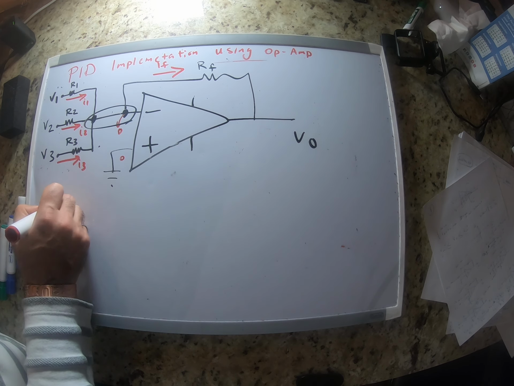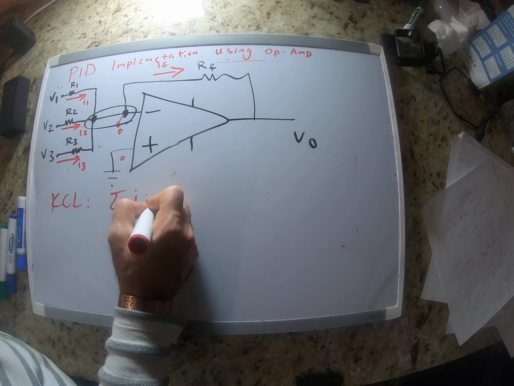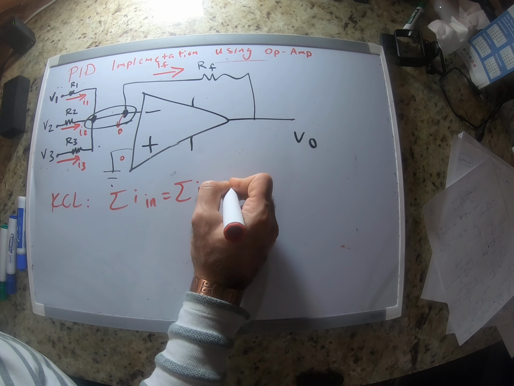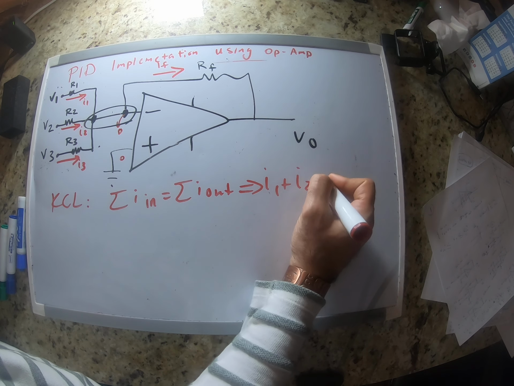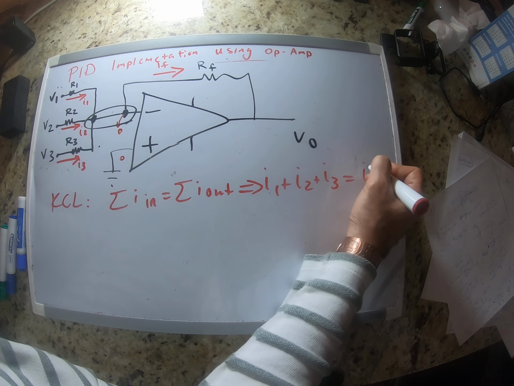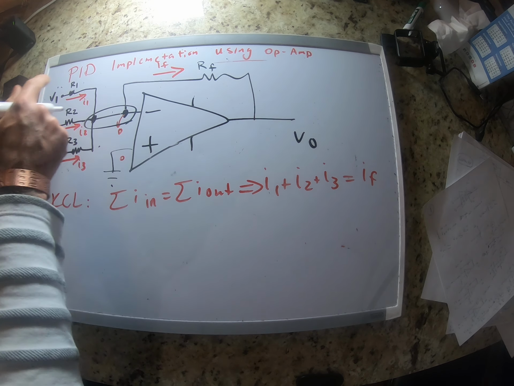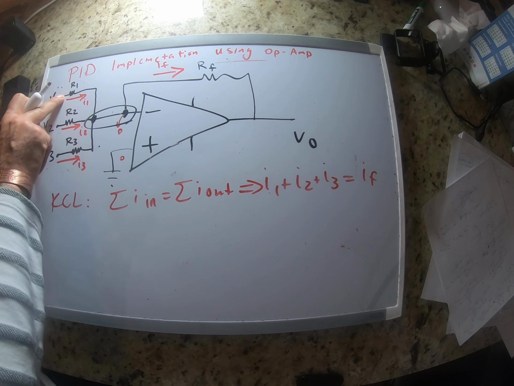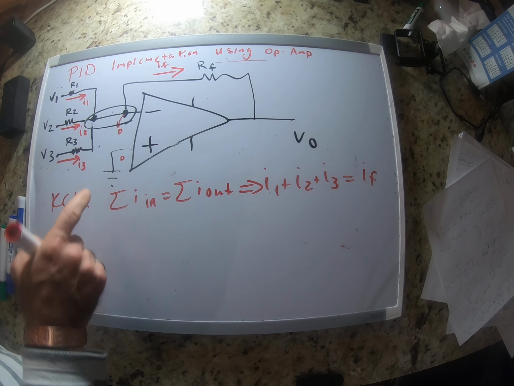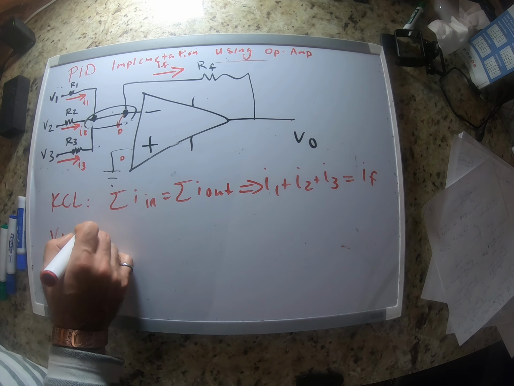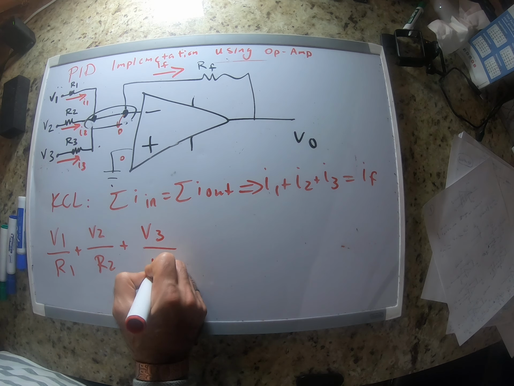So KCL tells us that sigma I in is equal to sigma I out, or in this case, I1 plus I2 plus I3 is equal to IF. So now let's write Ohm's law for each of these resistors here. So for this one, I1 is V1 minus 0 divided by R1. So I can write V1 divided by R1 because this one is grounded, plus V2 divided by R2 plus V3 divided by R3.